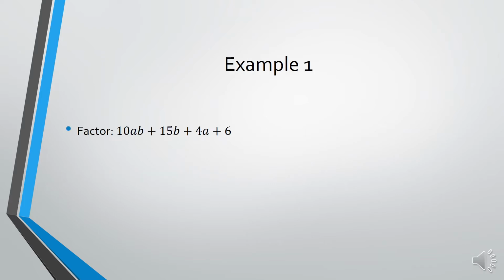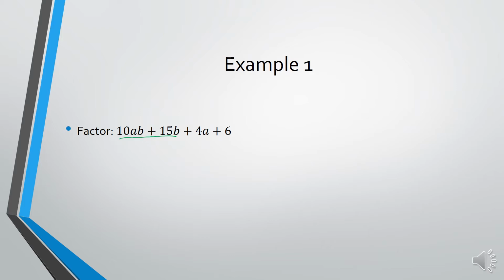So let's start with 10ab plus 15b plus 4a plus 6. The process that we're going to go through is we're going to actually group our terms into 2 separate pieces. So I'm first going to look at what I've underlined in green. So the 10ab plus 15b. You want to ask yourself, just based on those two, what's the greatest common factor that I could pull out?